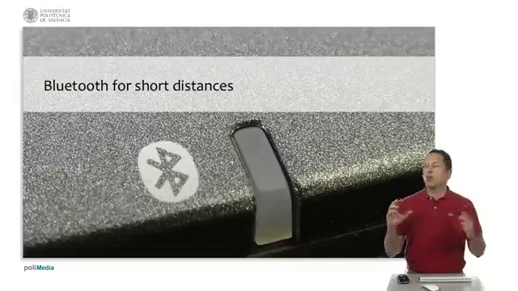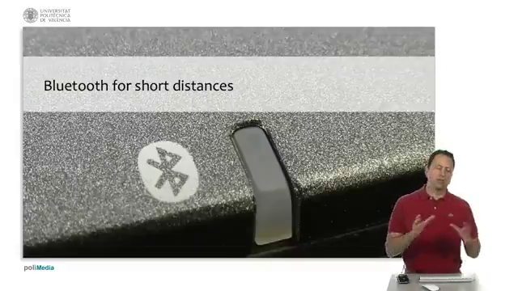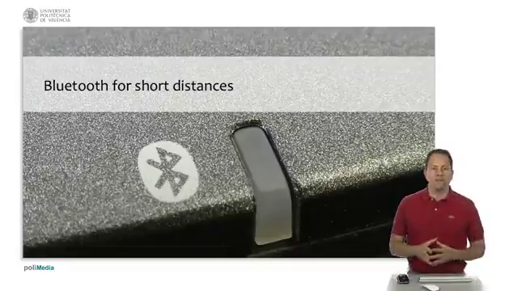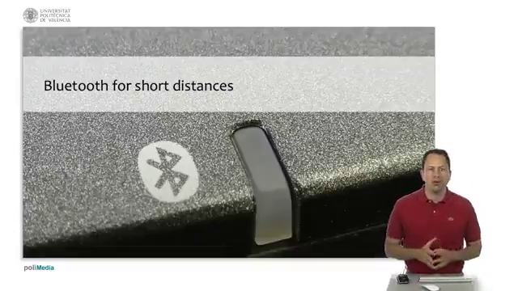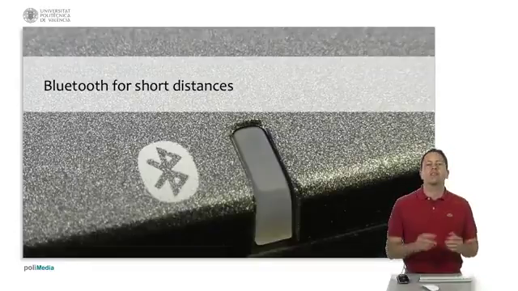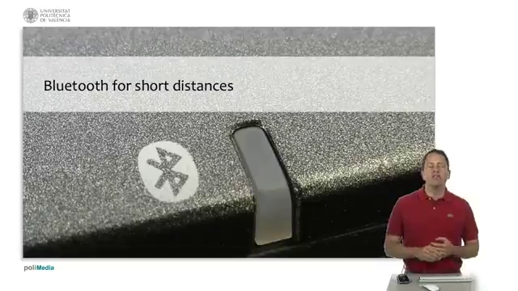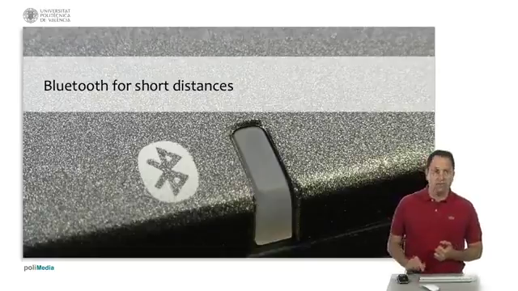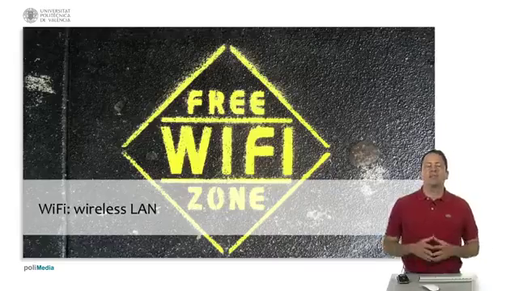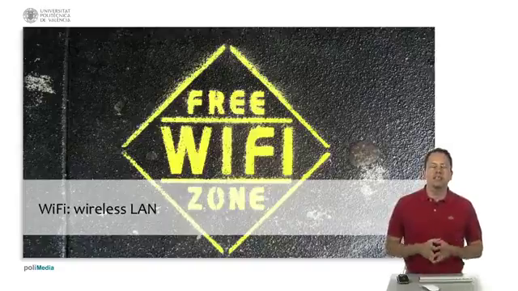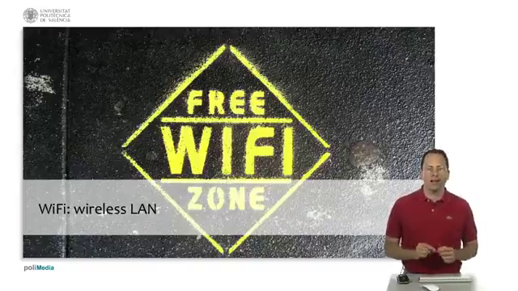So now we're going to go from light to radio waves, because Bluetooth is a short-range connection method that is based on radio waves. It's used to connect devices like headphones or speakers, or for short-distance transmission. Wi-Fi is really a trademark, but it's used to refer to wireless local area networks based on radio waves.